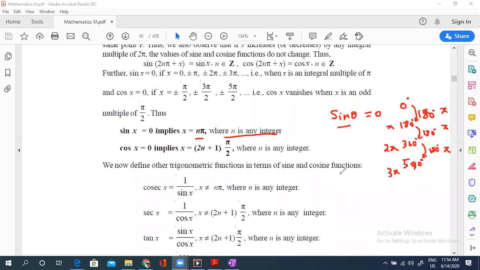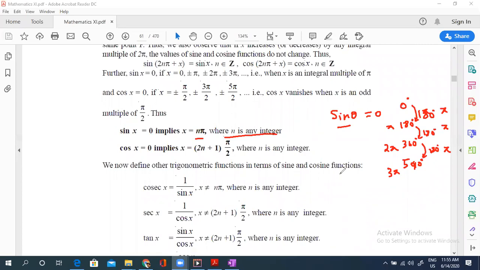Then the angle will be 360 or 540. I just told you now. The point will be same, right? Got it? So if you rotate it 180 degree all the time, the value will be same, which is 0.